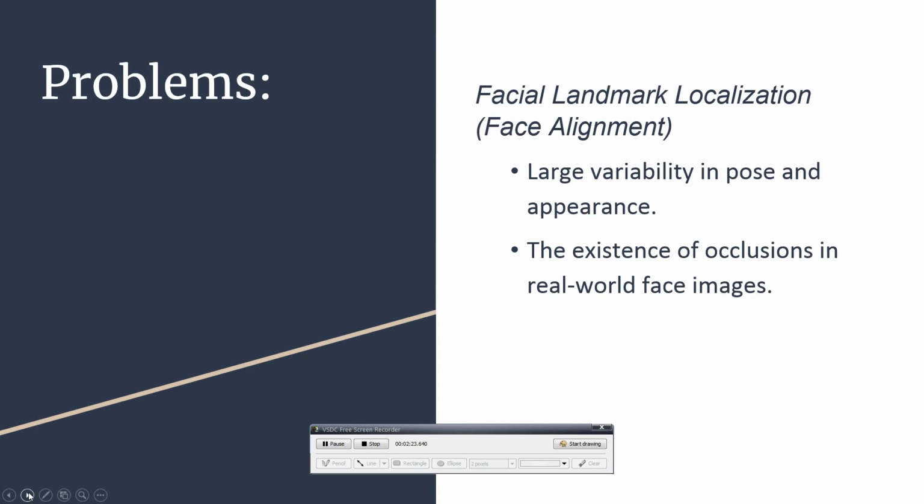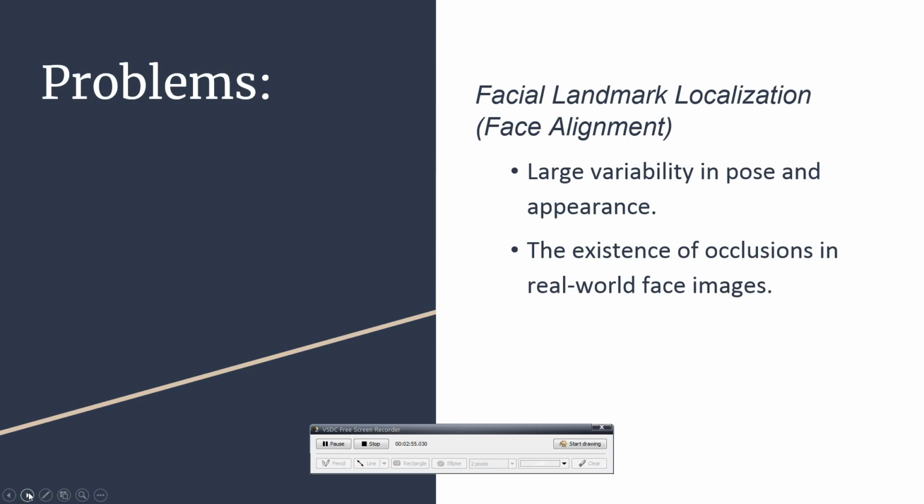The first one is the large variability in pose and appearance. Basically, if you go to the internet, you have thousands and millions of pictures, and all of them have different poses and different angles. The second problem is the existence of occlusions in real world face images. Basically, it is the similarity between two pictures that are not meant to be similar, but at a certain point look similar to the observer.